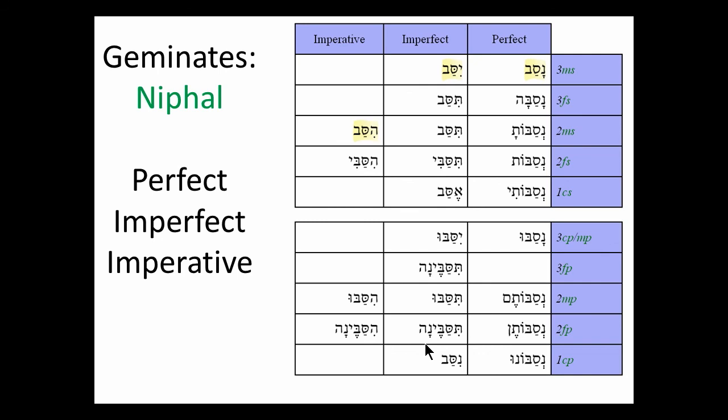Then you'll know it's a geminate. And then again, just remember that with geminates in the nifal, it's not hirik dagesh comets, it's hirik dagesh patak. Okay, if you memorize anything with a nifal, that's the thing you should memorize. With geminates, in the imperfect, it's not hirik dagesh comets, it's hirik dagesh patak. Comets, patak, same vowel class, but it's different enough to make you have to memorize it.